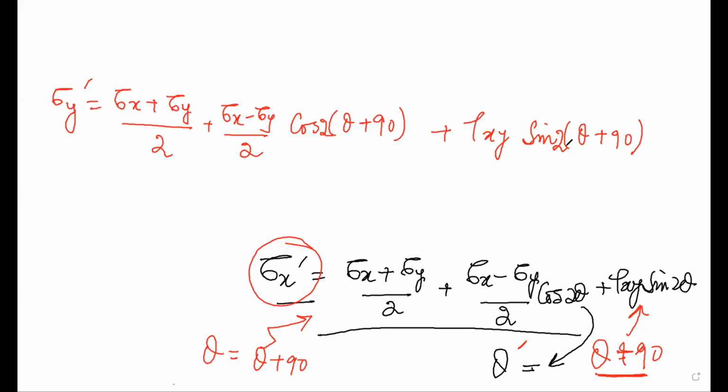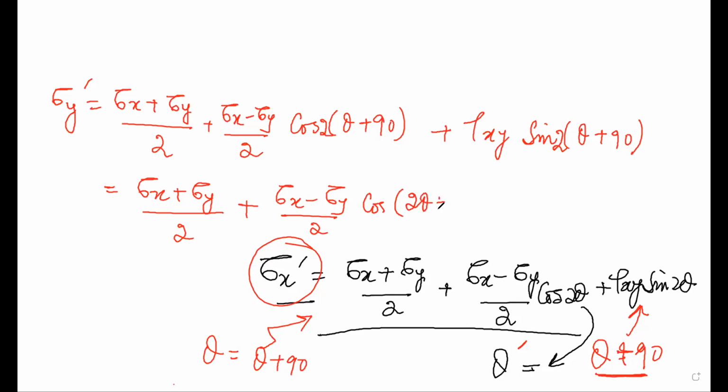Okay. Yes. So we can write this as sigma x plus sigma y divided by 2 plus sigma x minus sigma y divided by 2 cos of twice theta plus 180. Okay. Plus tau xy sine of 2 theta plus 180.